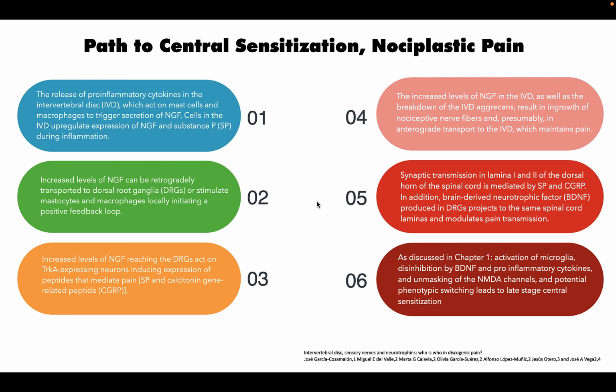In addition, BDNF produced in the dorsal root ganglion projects to the same spinal cord laminas and modulates pain transmission. Again, how does it modulate pain transmission? Well, it works to phosphorylate and activate the NMDA receptors, and it leads to disinhibition of the inhibitory interneurons. Number 6, as discussed in Chapter 1, activation of microglia, disinhibition by BDNF and pro-inflammatory cytokines, unmasking of the NMDA channels and potential phenotypic switching lead to late-stage central sensitization.